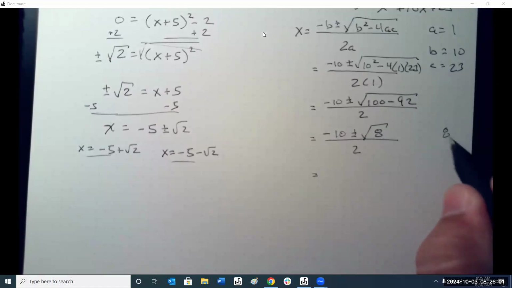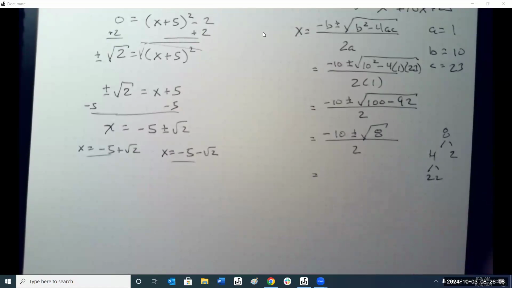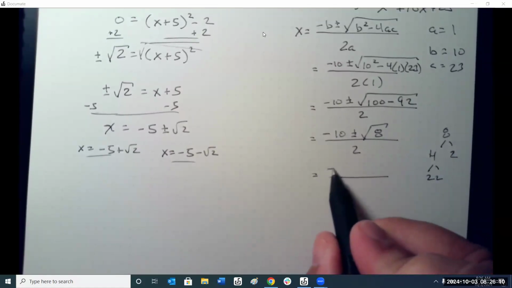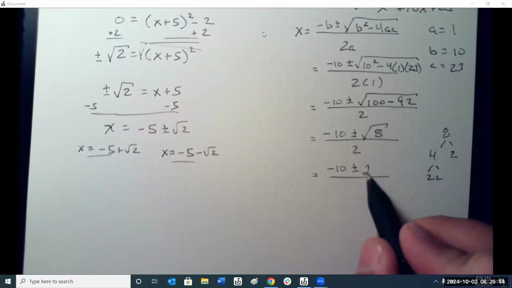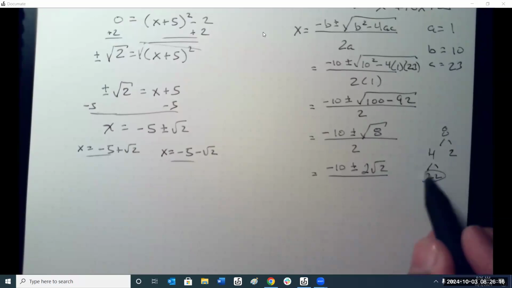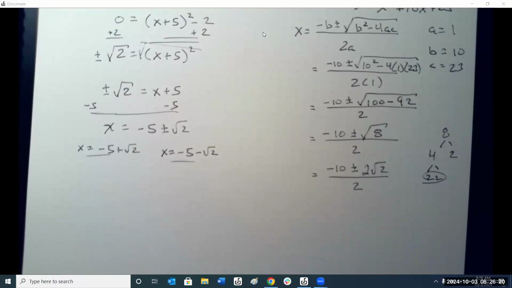Number 8 is made up of 2 times 4. 4 is made up of 2 times 2. So square root of 8 is 2. We have a pair. So we have 2 square root of 2 over 2.